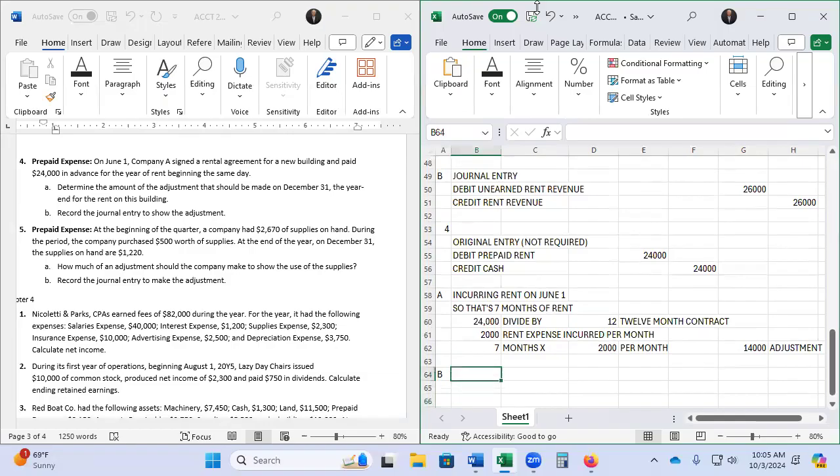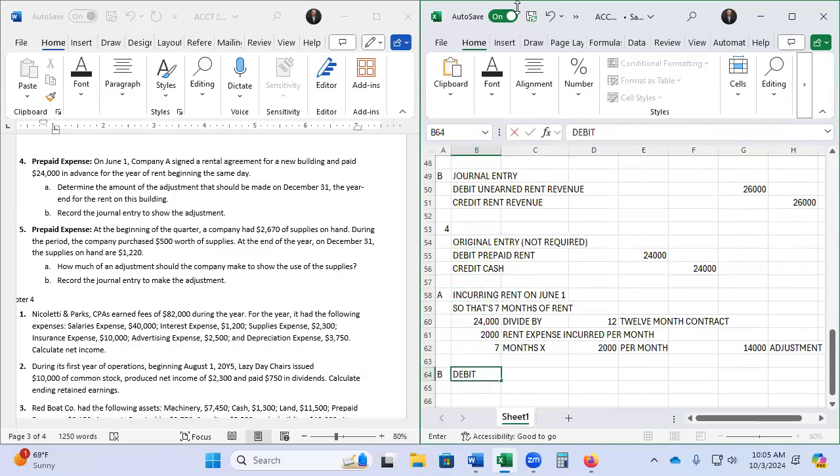So part B says record the journal entry. And so now you're going to be able to expense some of that prepaid rent. And you're also going to lose some of your asset.